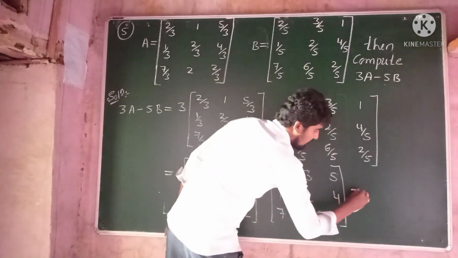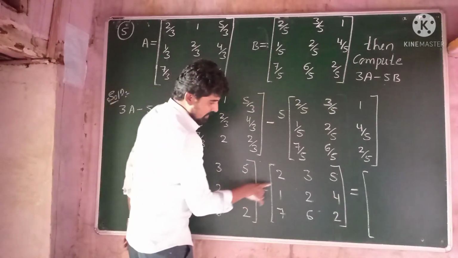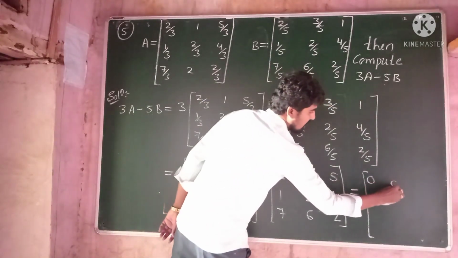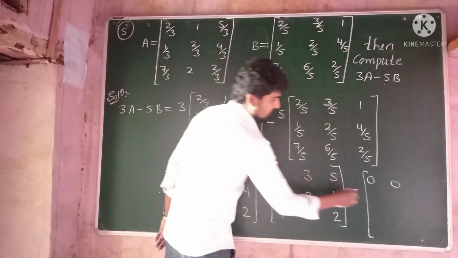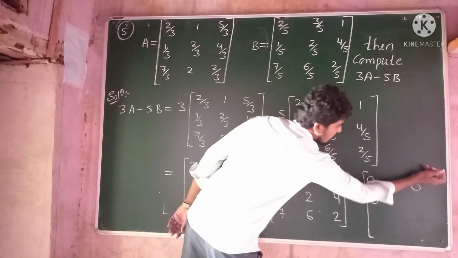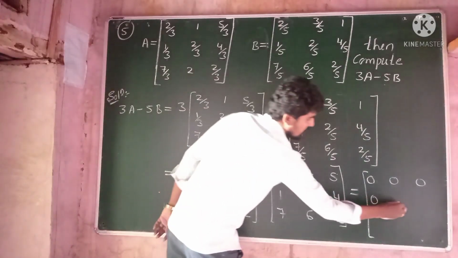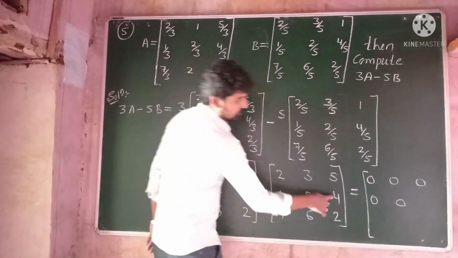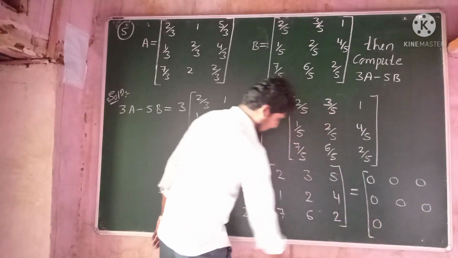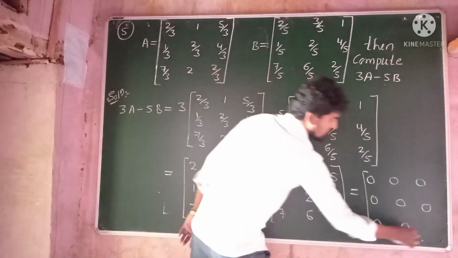So now the difference of these two matrices is equals to 2 minus 2, 0, 3 minus 3, 0, 5 minus 5, 0, 1 minus 1, 0, 2 minus 2, 0, 4 minus 4, 0, 7 minus 7, 0, 6 minus 6, 0, 2 minus 2, 0.